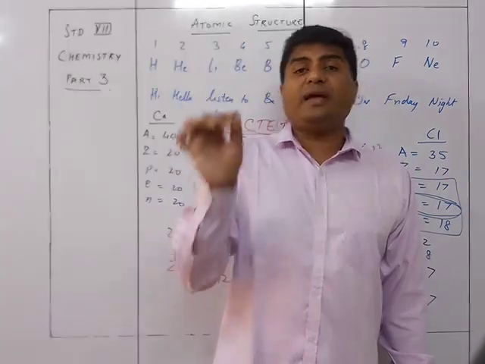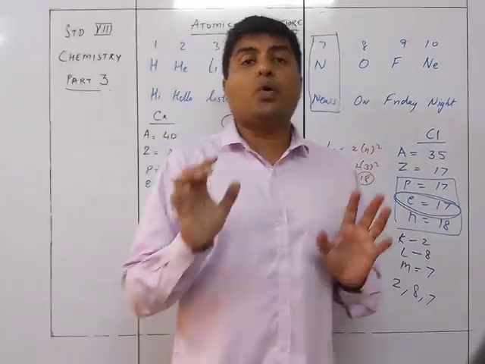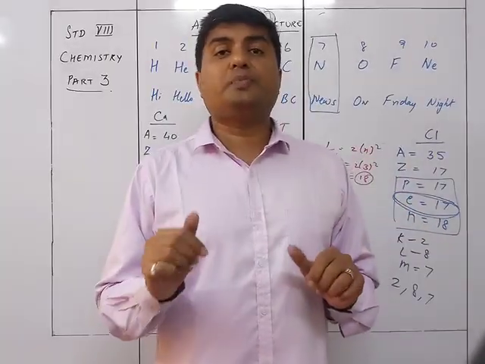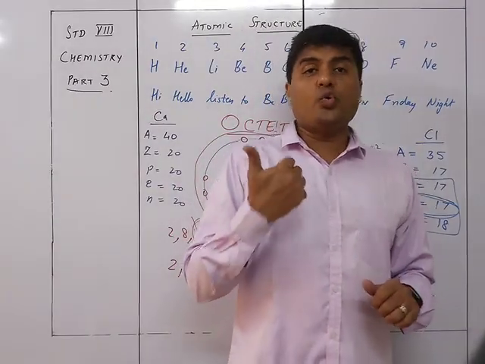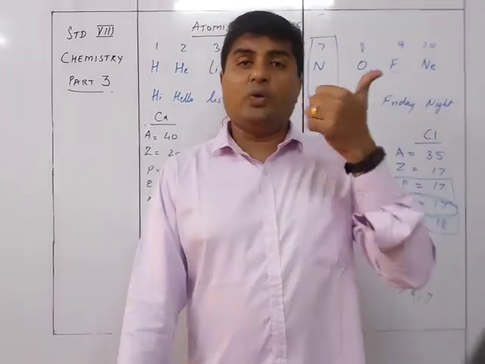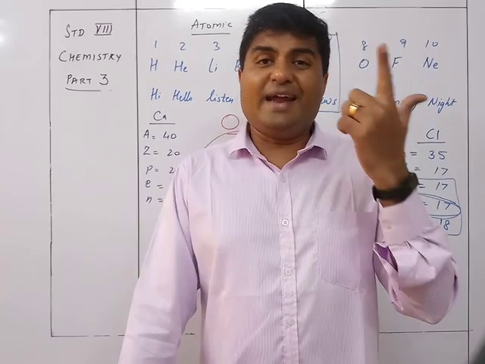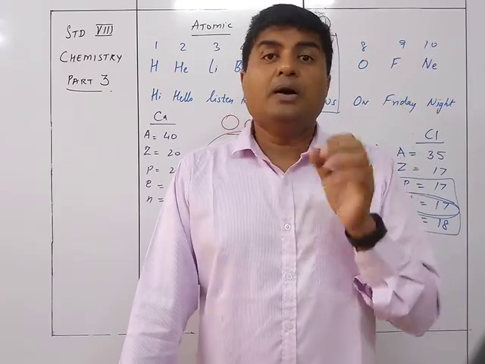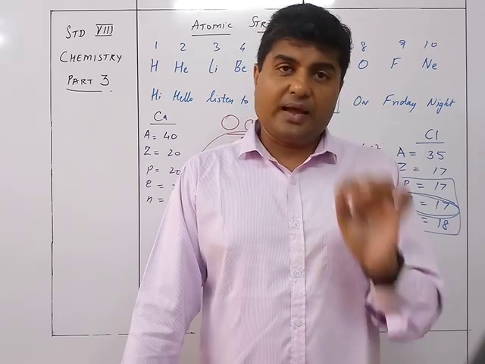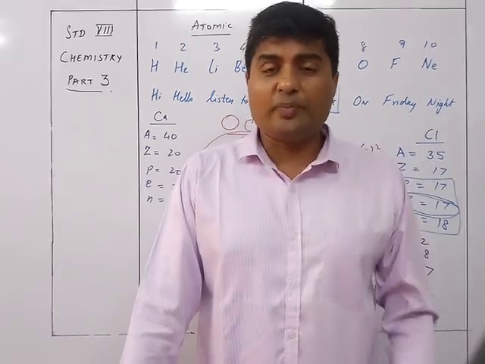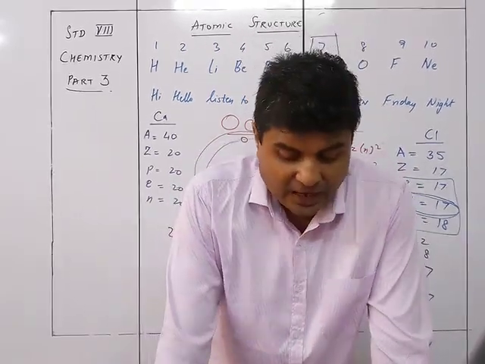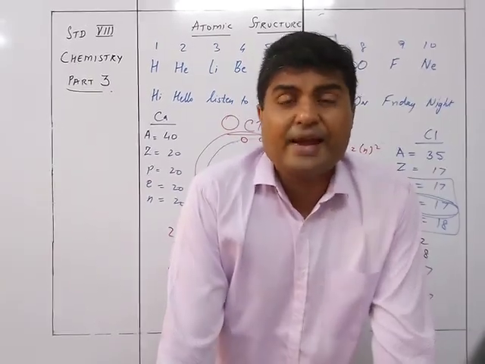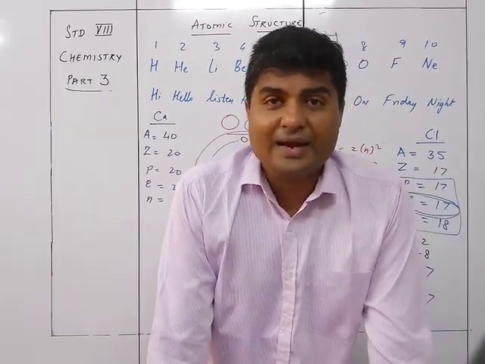Each and every shell can accommodate only the number of electrons based on its capacity of 2n square. So K can take only 2, L can take 8, M can take 18 and so on. But if it is the last orbit or the last shell, then the outermost shell cannot have more than 8 electrons.